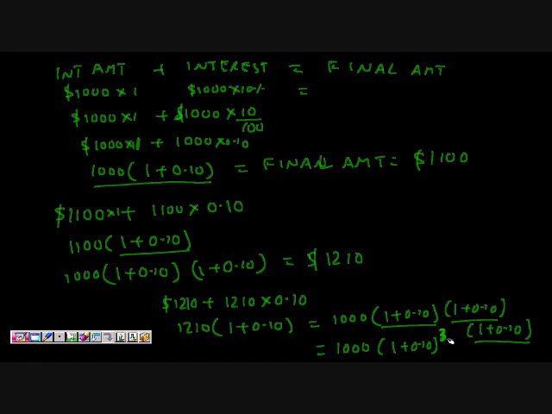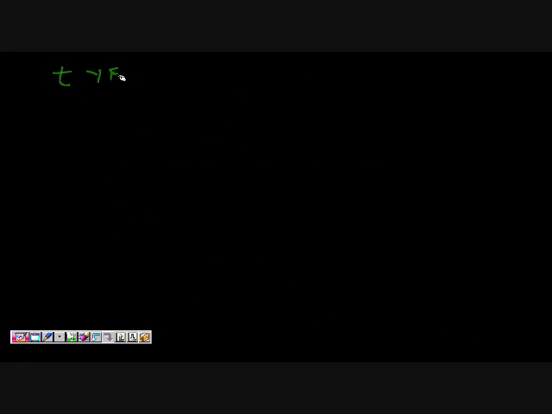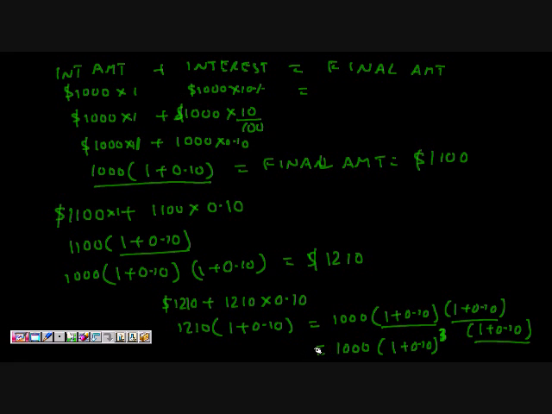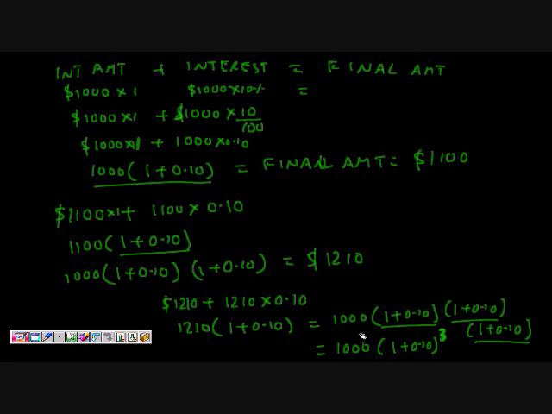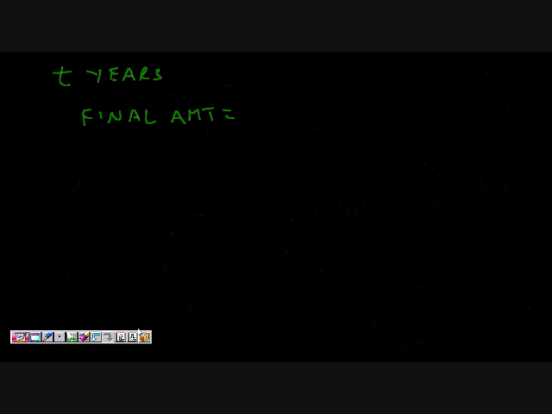In general, if you have n years or t years, so suppose if you have t years, based on the general trend that we are seeing here, we can write for t years the final amount is equal to $1,000. $1,000 was the initial amount, into 1 plus r. r is the rate of interest, raised to t years.